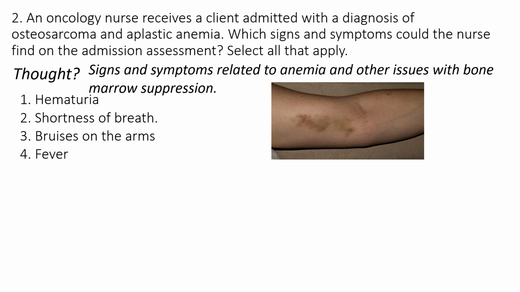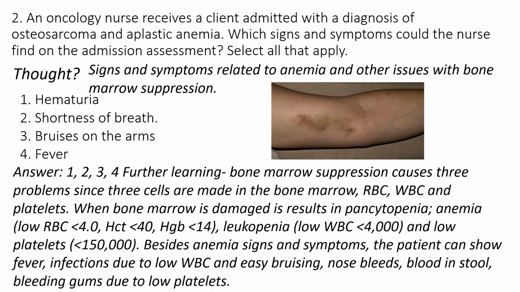If we true-false this, number 1 was true, that would be a sign of low platelets. Number 2 is true, that's a sign of anemia. Number 3 is true, again, a sign of low platelets. And number 4 is true, that's a sign of possibly a low white blood cell count, that they have a fever.